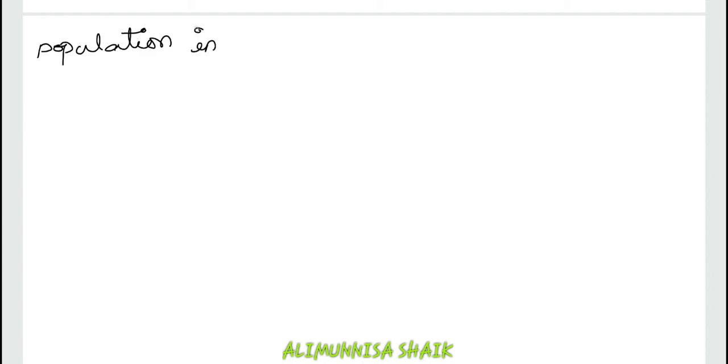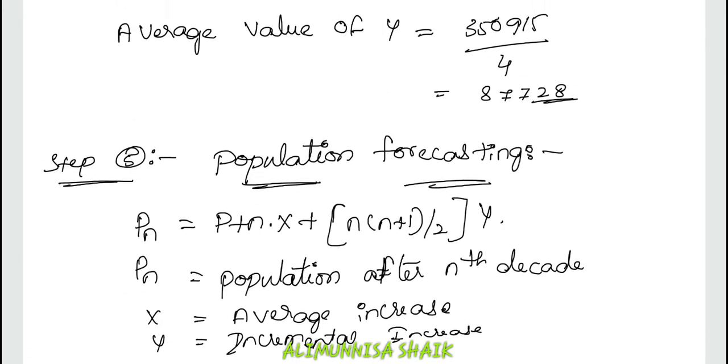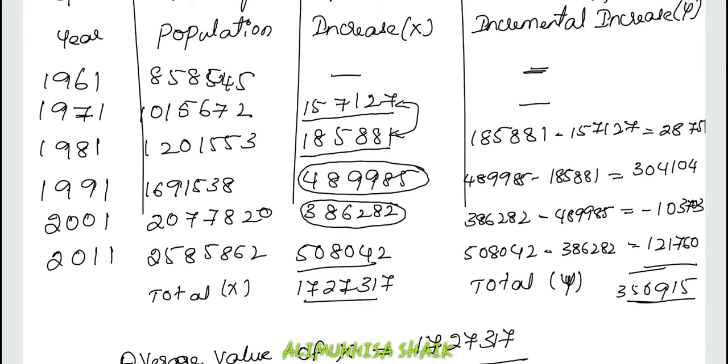Population in the year 2021 is given by, what is the formula? Pn, P is nothing but your previous value, as you can see over here, in the year 2011 the final figure will be taken into account. This is calculated as P.